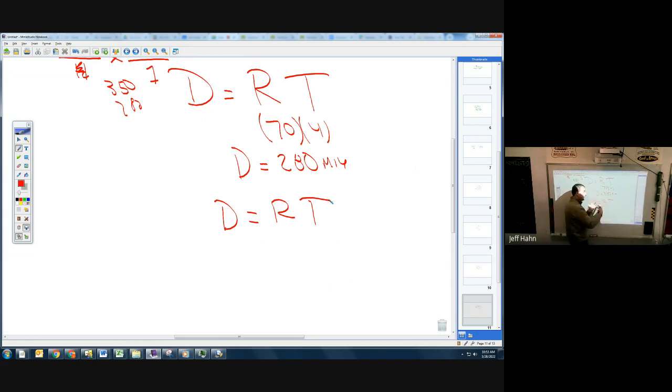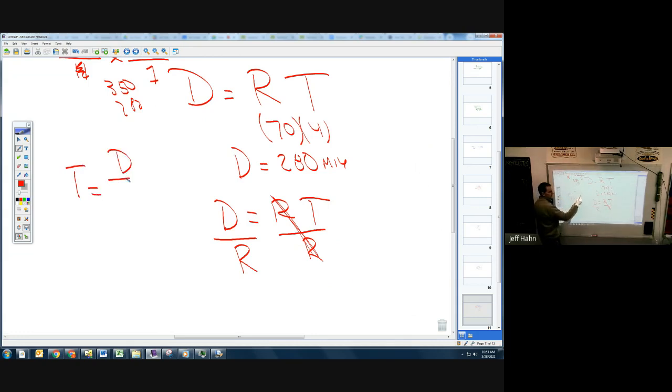So I can transform this formula to be solved for t if I divide by r, because that makes the r go away, and I'm left with just the t. But the other rule of equations is if I do something to one side, I have to do it to the other. So my letter r would come over here. So if I'm looking for the time something takes, it is the distance divided by the rate I'm going at. Does that make sense?